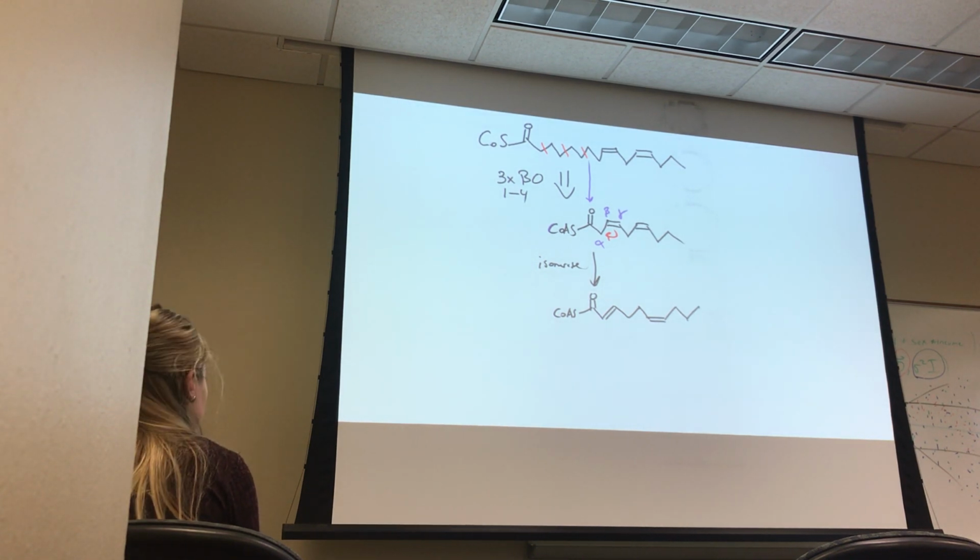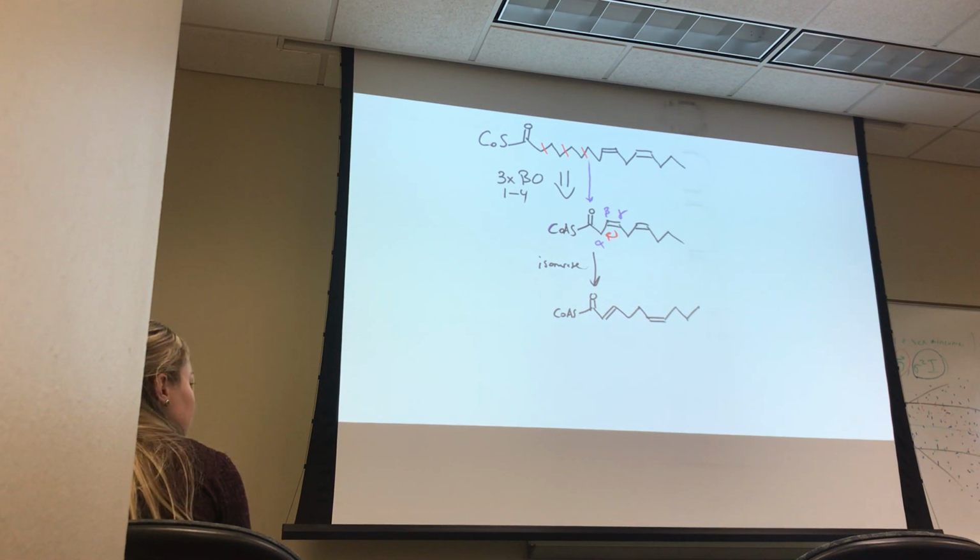Kind of flips it around a little bit. Does that look like the right number of carbons? Looks good to me. But because now we get that trans bond in there, it looks a little bit different.